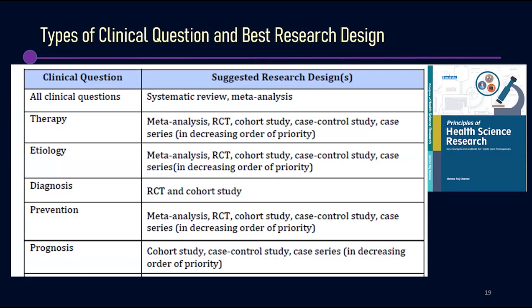This slide shows the type of clinical question and the best research design you should select. This I took from the book I wrote, Principles of Health Science Research. For all clinical questions, systematic review and meta-analysis is done. In subsequent videos, I will talk about what a systematic review is and what a meta-analysis is.